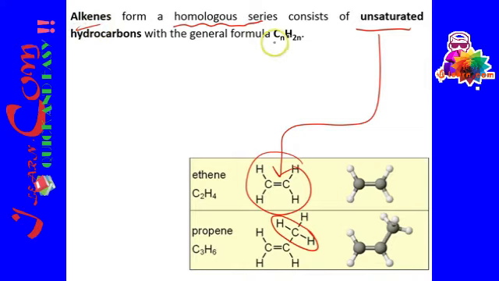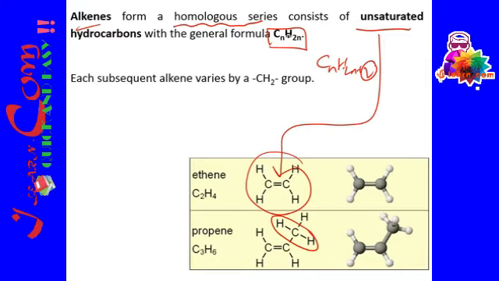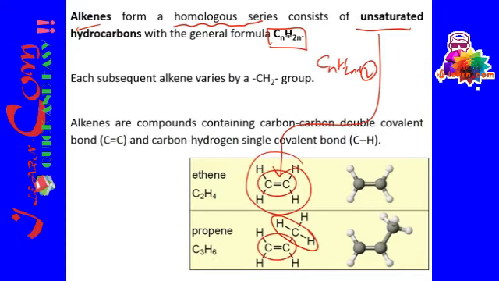Right, so alkanes have a general formula CnH2n+2. Alkenes is CnH2n. So like I said earlier, it varies by a CH2 and they have at least one carbon-carbon double bond. So what is the functional group of alkenes?